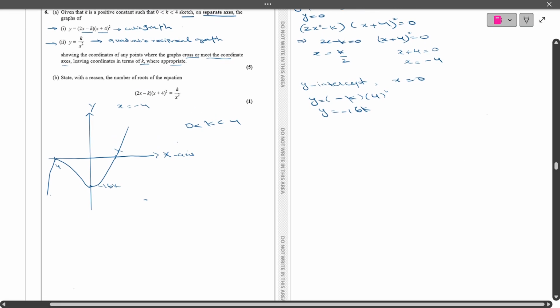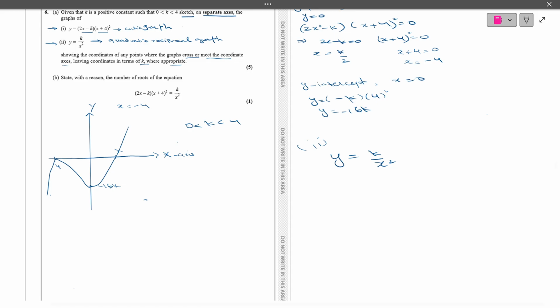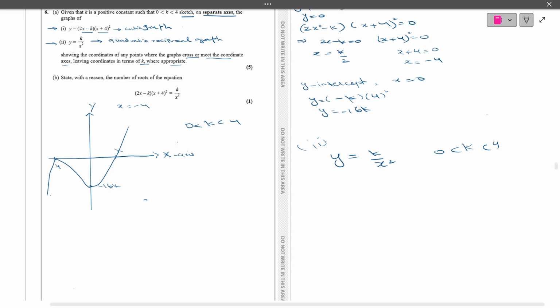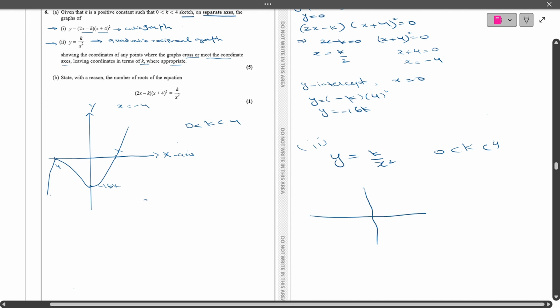So let's now sketch the second part of the question, y equals k over x squared, and we know that this is a reciprocal graph where k lies between 0 to 4, where k is positive. Just for general knowledge, when we draw a reciprocal graph, we draw here and we draw it here.